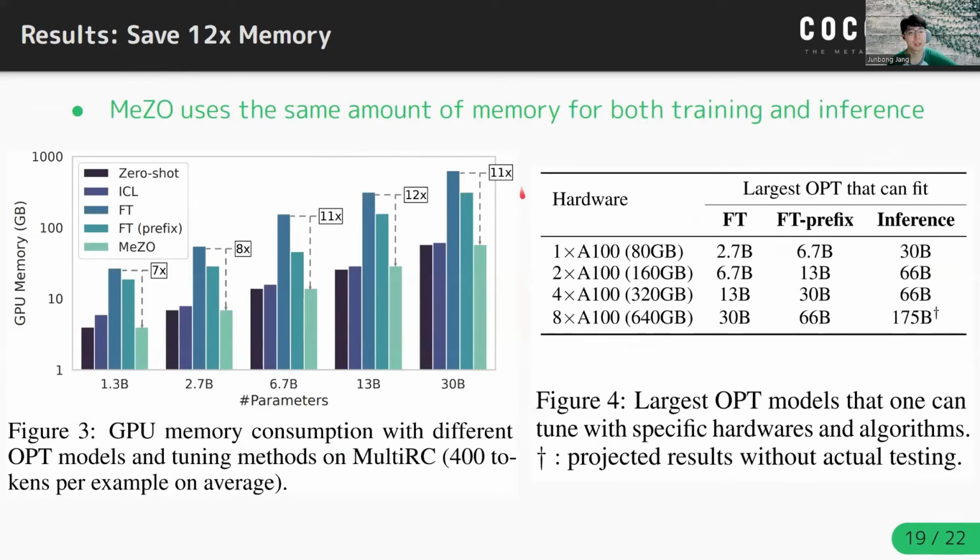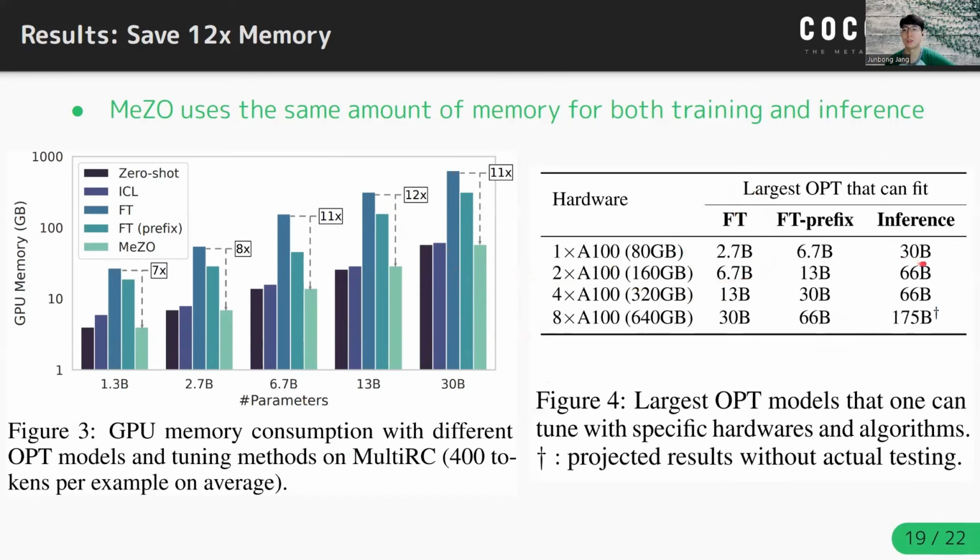And this is the most important result, I think. MeZO uses the same amount of memory for both training and inference. So this is the graph I showed you at the beginning of the video. MeZO uses much less, like 12x less memory than fine-tuning, and similar to zero-shot, which is inference. And Figure 4 shows that when using an A100 GPU, you can only fit a 2.7 billion OPT model when fine-tuning.